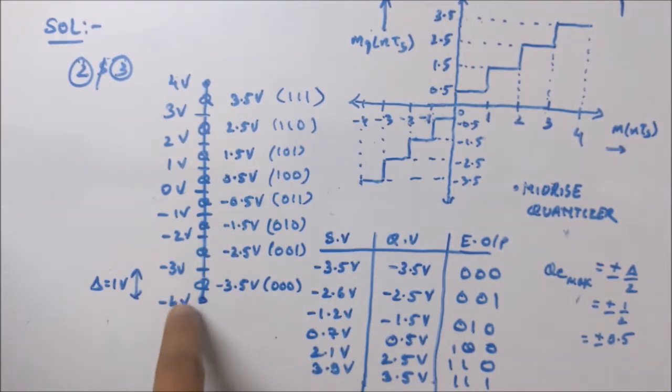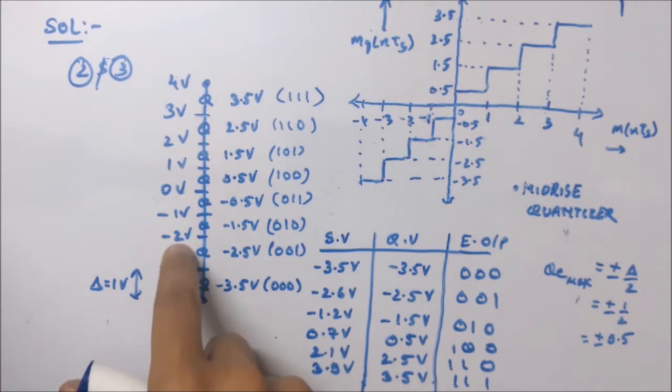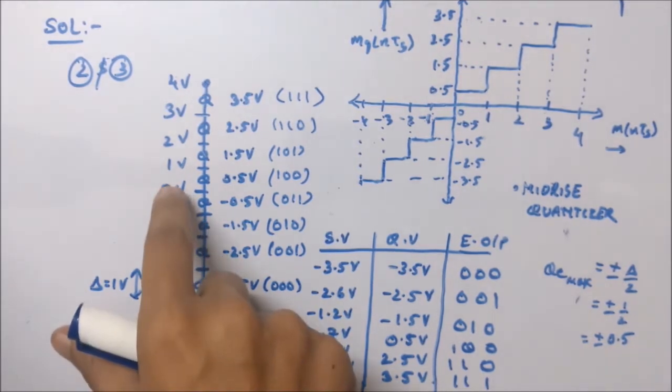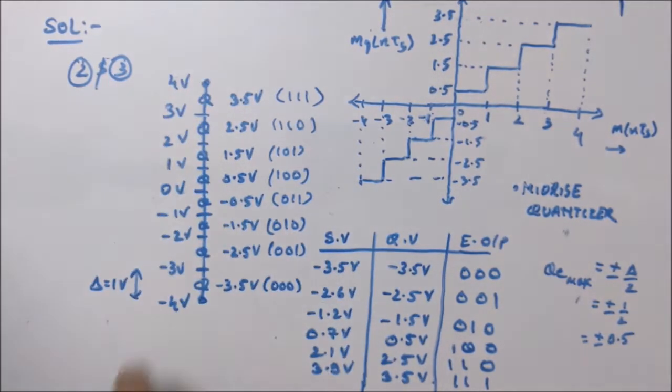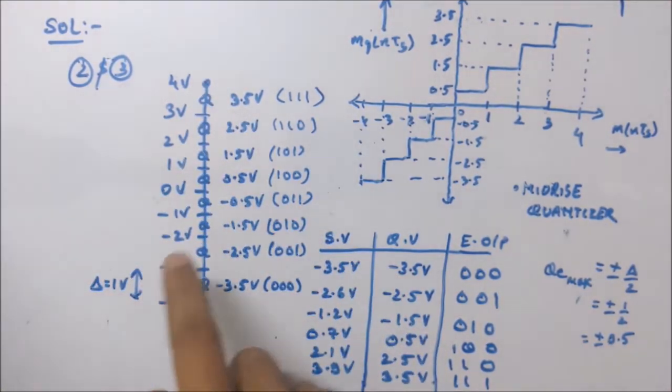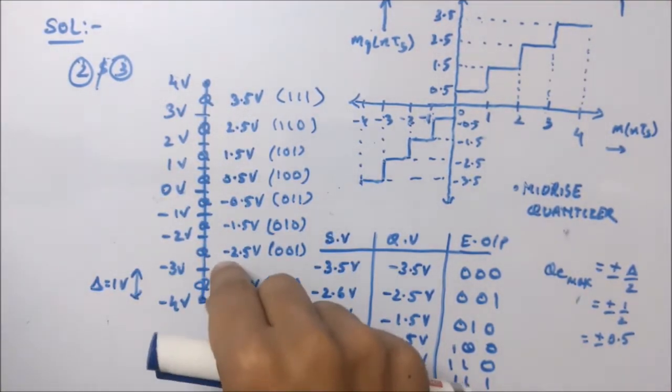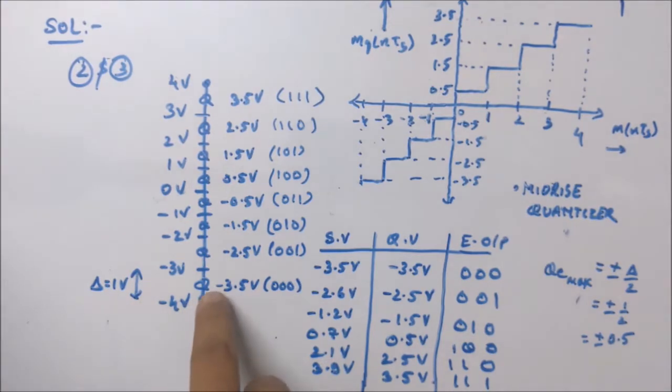Every delta point you mark the amplitudes. So -4 volt plus delta, that is +1 volt, gives -3 volt. Similarly -2 volt, -1 volt, 0 volt, 1 volt, 2 volt, 3 volt, 4 volt. You have marked these points. Now the quantized value will be the center point of these, meaning delta divided by 2.